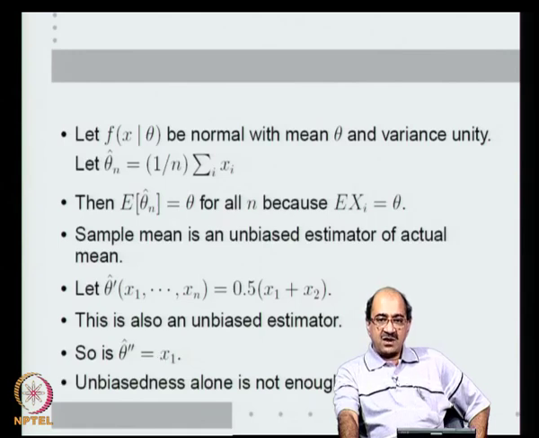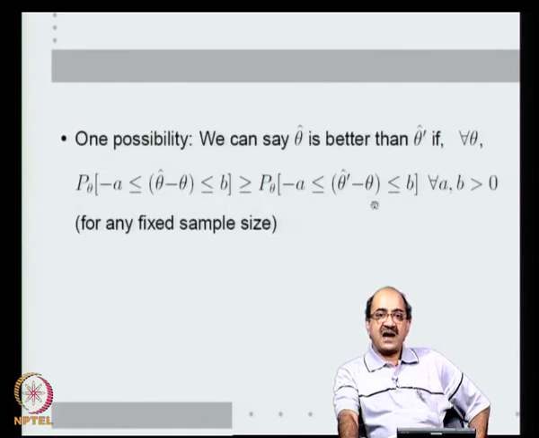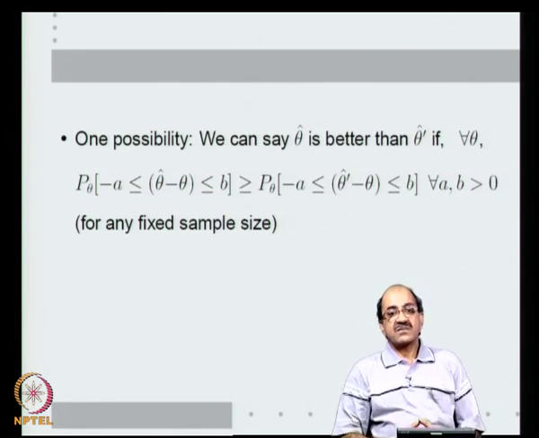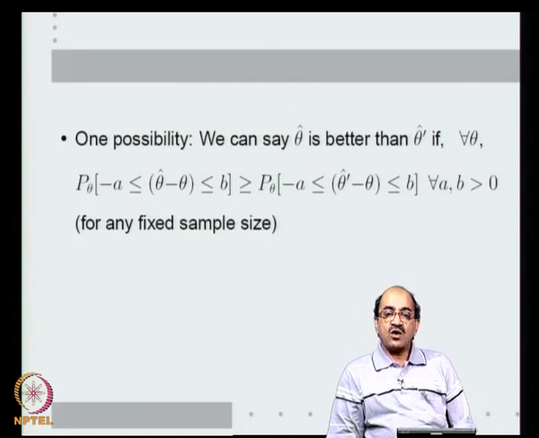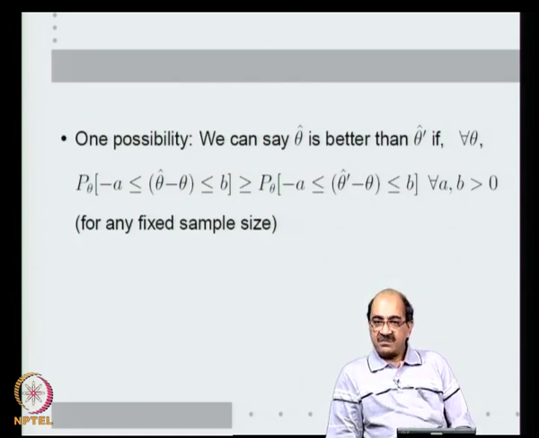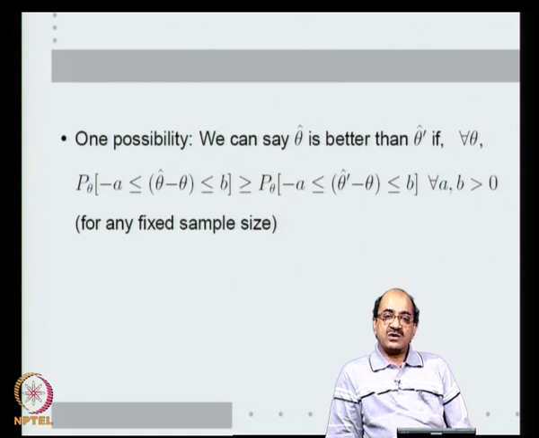One way is to say that theta hat is better than theta hat prime if the probability that minus a is less than theta hat minus theta less than b is greater than or equal to the probability for the same a and b for theta hat prime. What does that mean? Theta hat is closer to theta than theta hat prime. The probability of theta hat being closer to theta is higher than the probability of theta hat prime being closer to theta, because this has to hold good for all a and b.